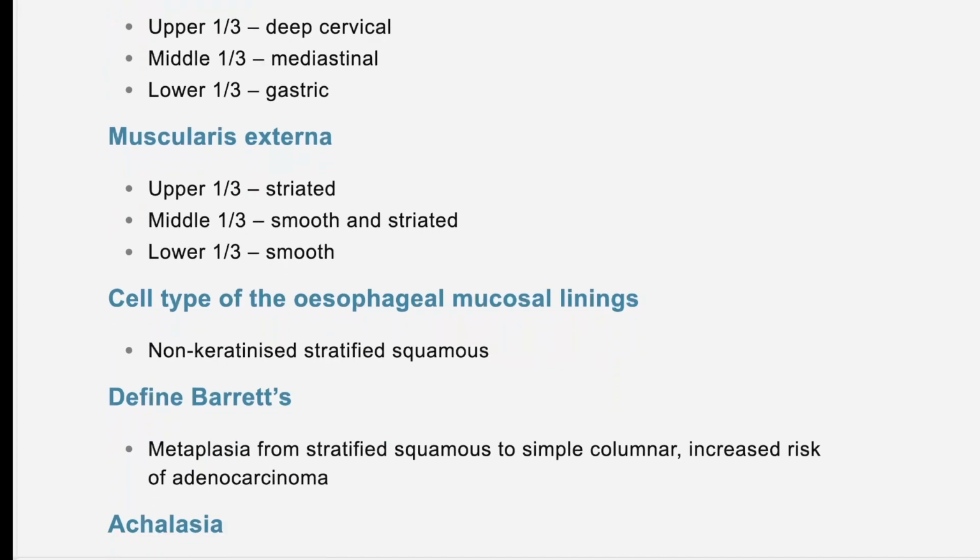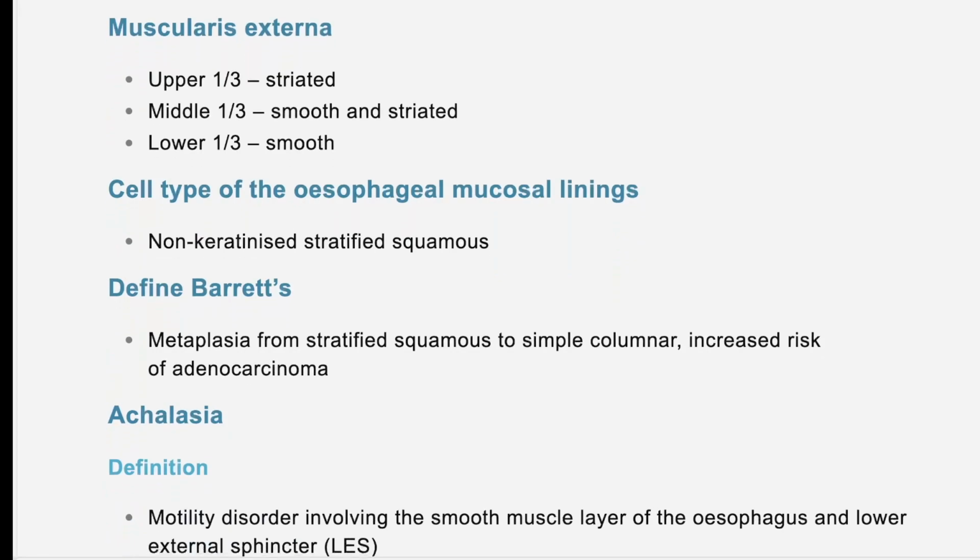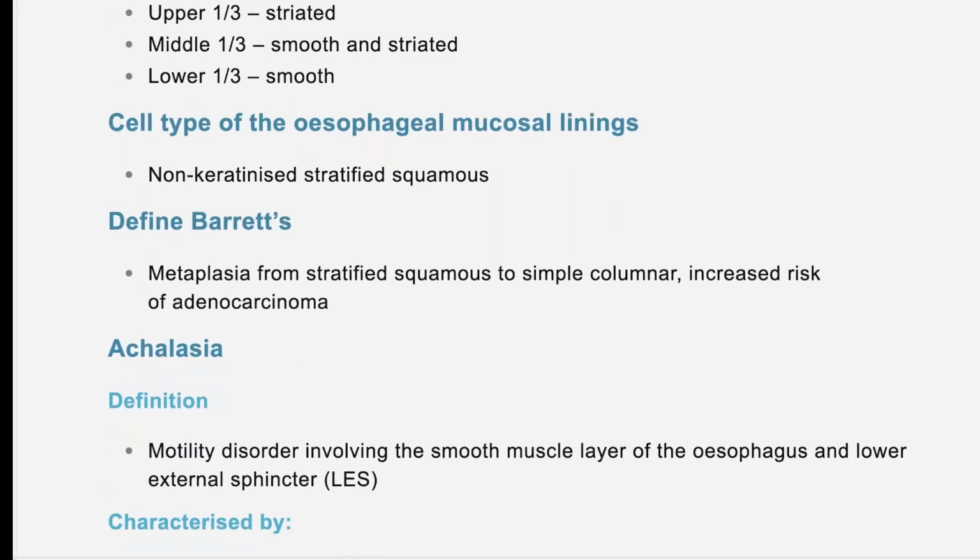Achalasia is one of the motility disorders at the lower esophageal sphincter. It is characterized by increased lower esophageal sphincter tone, failure of relaxation of this sphincter, and finally there will be dysphagia.